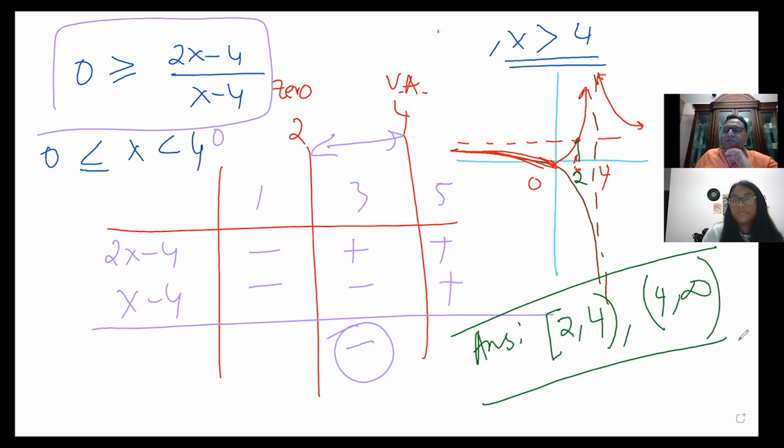Can you please summarize your learnings? So today we went over how to solve word problems in reciprocal functions. And then we also went over how to use the chart method to find inequalities in reciprocal functions.